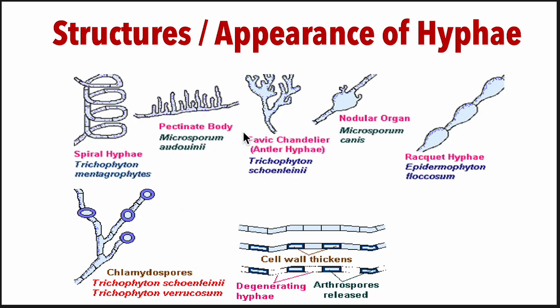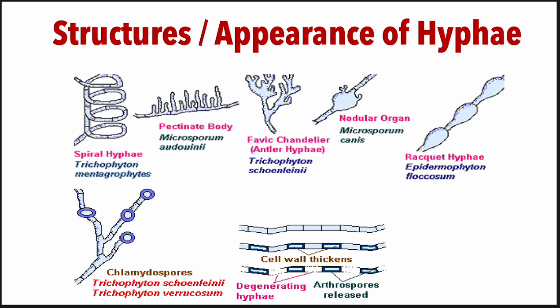Next one, this is the favic chandelier. These are groups of hyphal tips that collectively resemble a chandelier or the antlers of a deer. They can occur in Trichophyton schoenleinii and also Trichophyton violaceum. So that's for the favic chandelier or antler hyphae. How about the nodular hyphae or nodular organ?